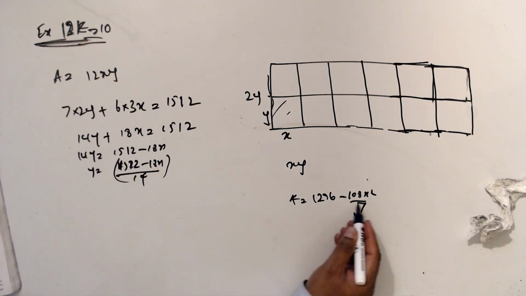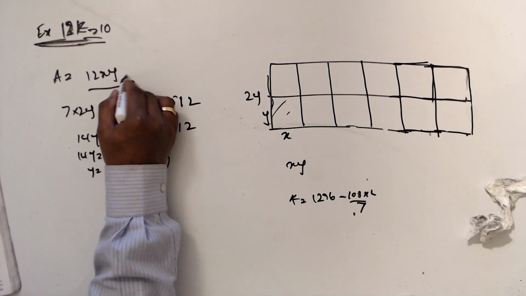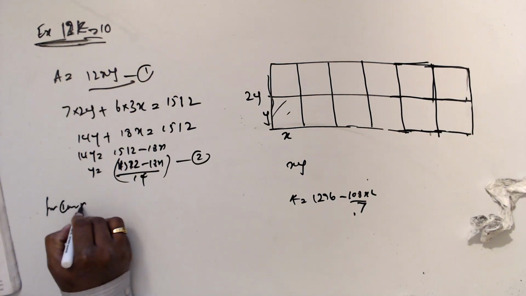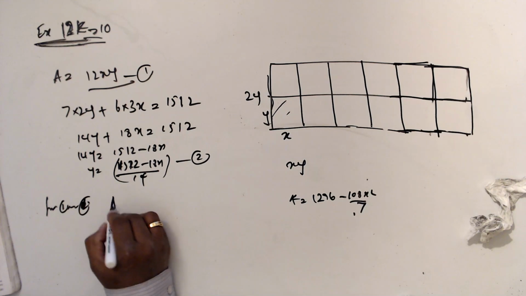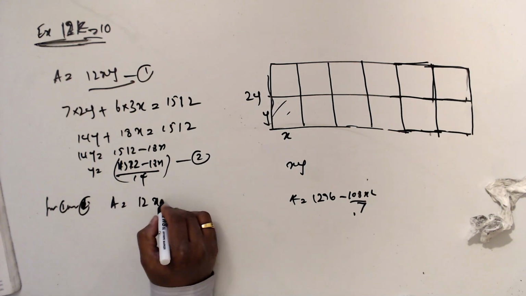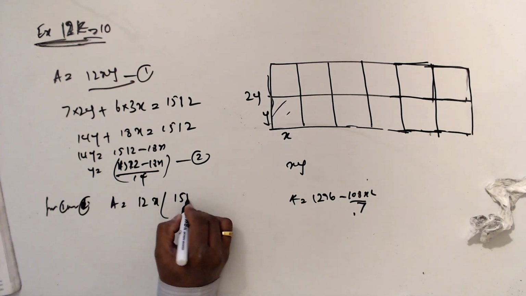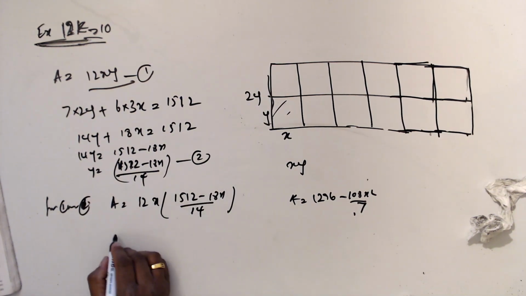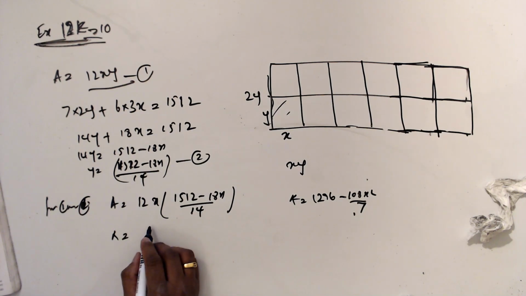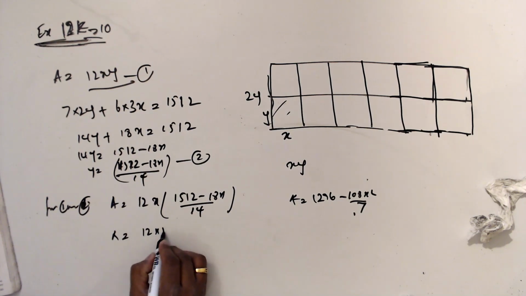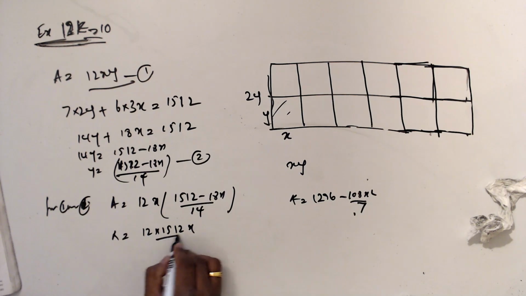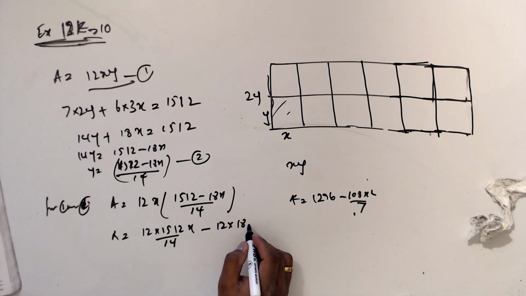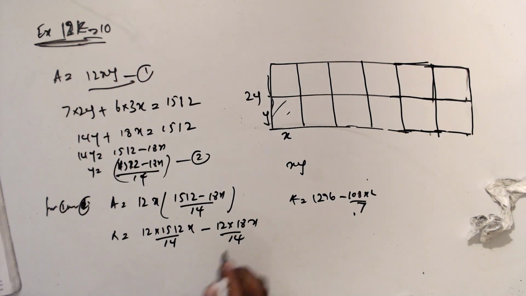Now let's substitute here. From 1 and 2, A equals 12x times 1512 minus 18x over 14. 12 times 1512x over 14 and 12 times 18x over 14.